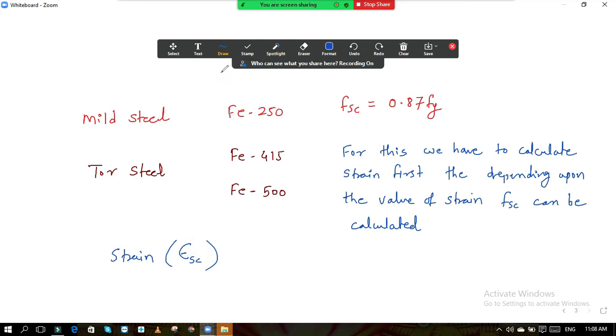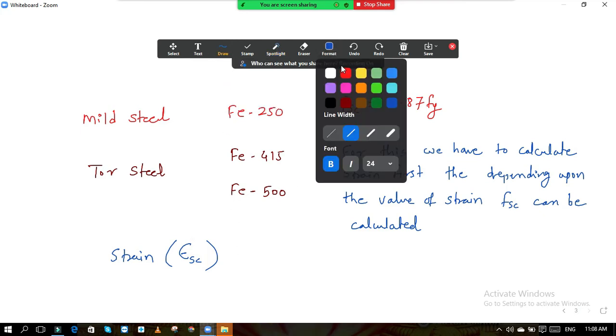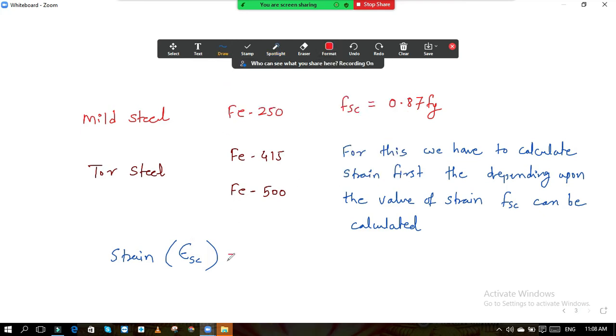And what is the formula to calculate the strain? Now if I want to calculate the strain, then the formula for the strain is 0.0035, in bracket, 1 minus d dash, where d dash is the effective cover in compression zone, divided by xu max.